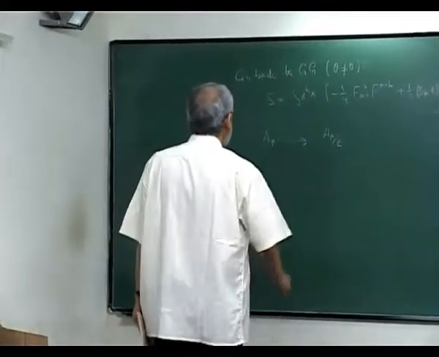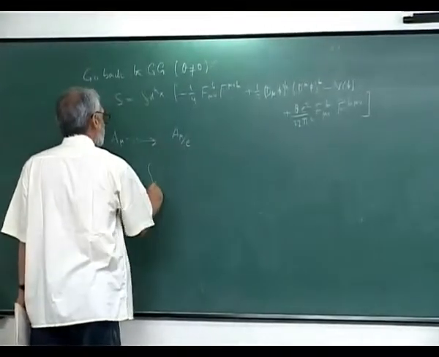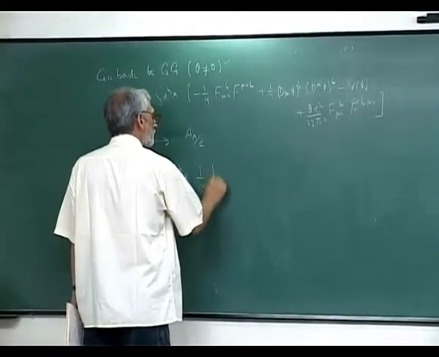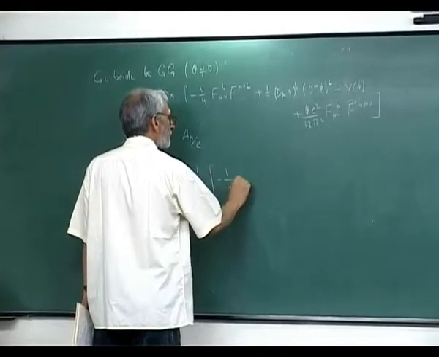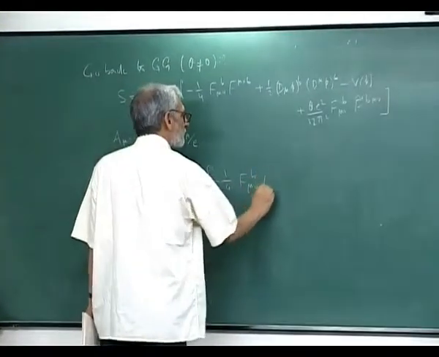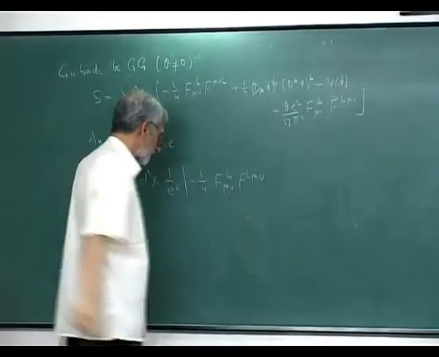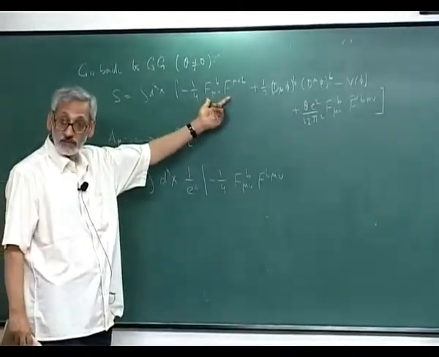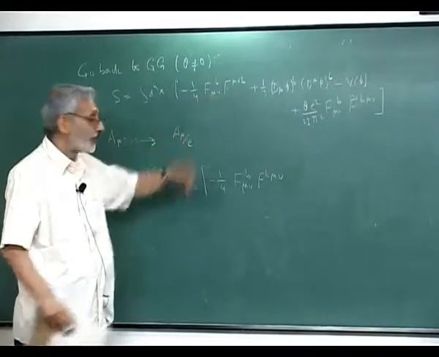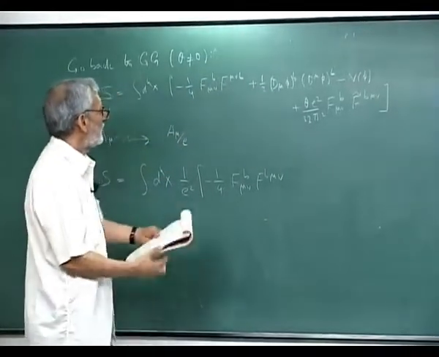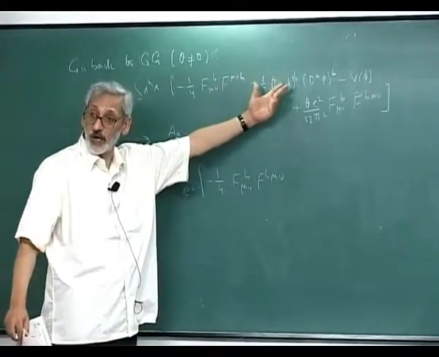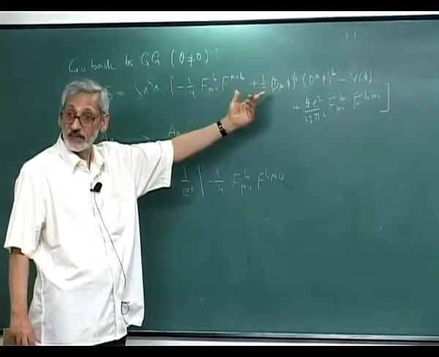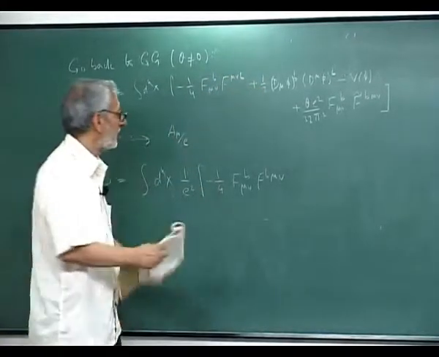What does this do? This changes the action. This term has two A's, and then it also has three A's and four A's, but F written here, the interaction term also has an e in it, right?